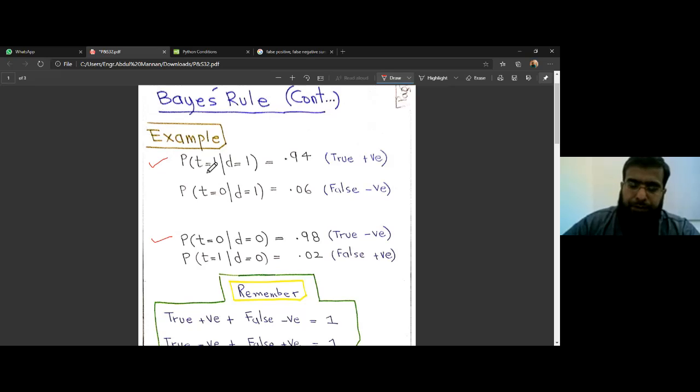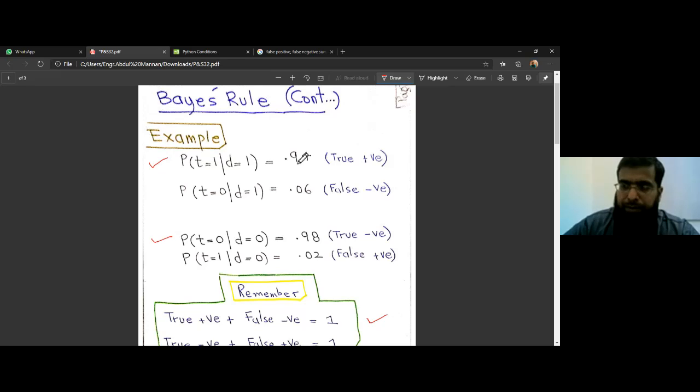Alright, so these two terms, the probability that the test is positive given the disease is there, and the probability that the test is negative given the disease is there, true positive and false negative, should sum to 1. In this example, we are given only the true positive.